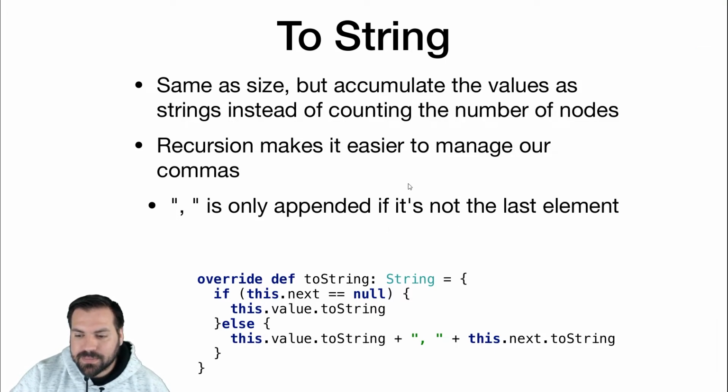toString. Neat. It is neat. So toString, similar. We're going to use recursion. If we're the last node in the list, we're just going to return our value as a string. If I'm a list of just one element, return that element as a string. Done.